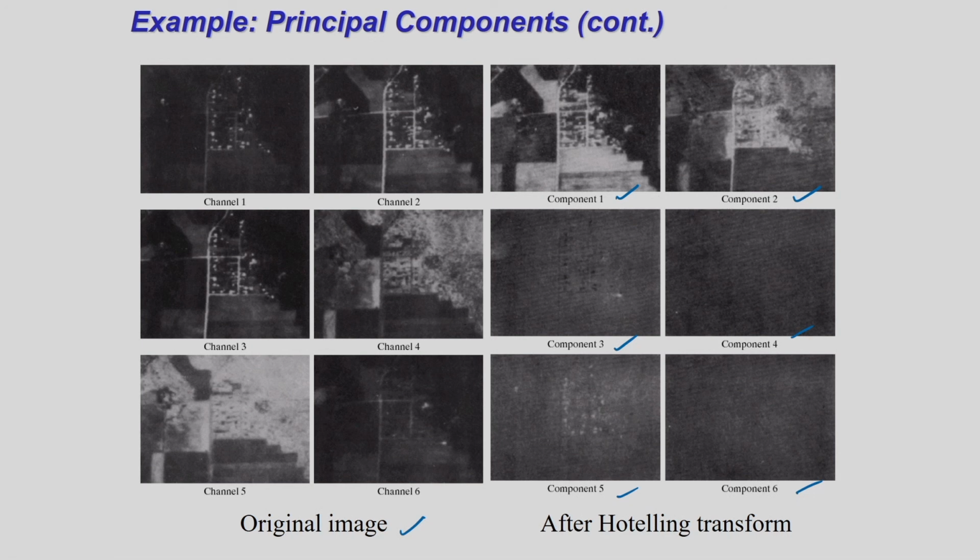And already I have explained that component 1 and component 2 contain maximum visual information. So I can consider only these 2 components, component 1 and component 2, and I can neglect component 3, component 4, component 5 and component 6. This is the method to represent a particular image by using the Hotelling transformation.